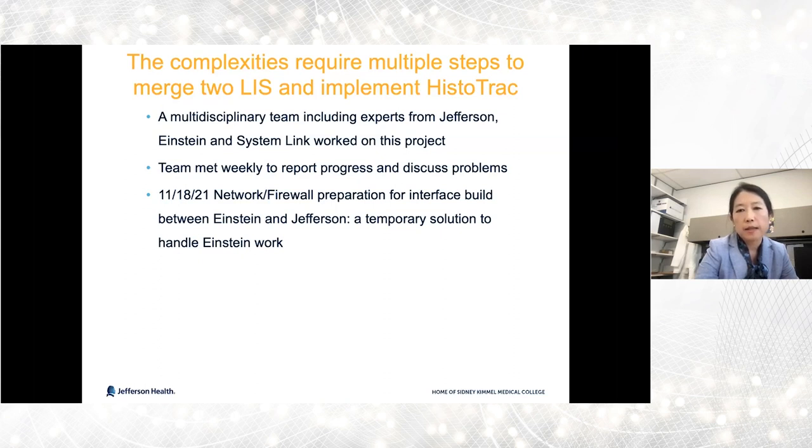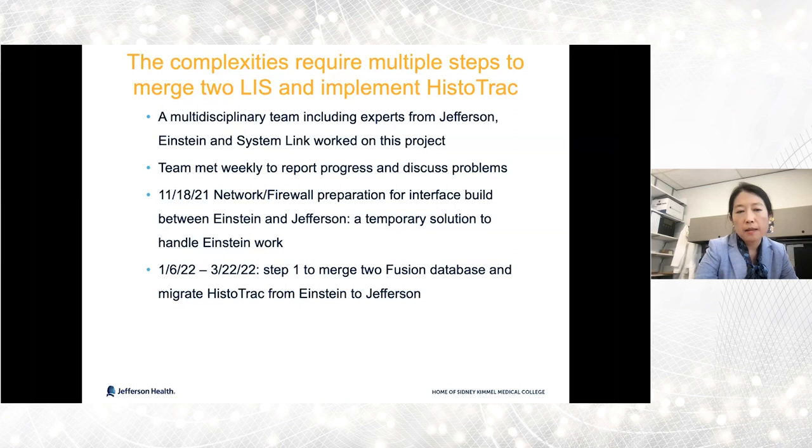This is like a temporary solution to handle Einstein work. What does this mean? Einstein work will come to the lab, the tests finish up, but the lab will need to remote into Einstein to report out. That was at the very beginning.